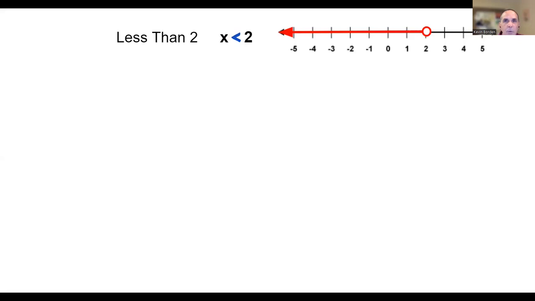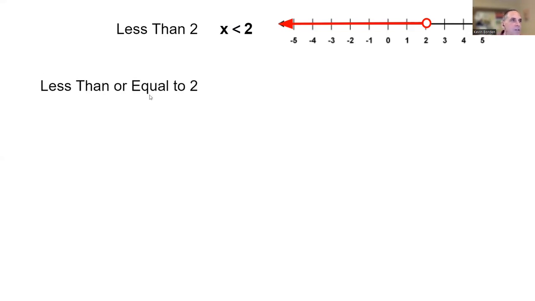So let's go through and look at some other variations of inequalities involving the number 2. The second one is less than or equal to 2. What does that look like? That's what the math statement looks like, less than. Notice that our less than symbol now has the line underneath it.